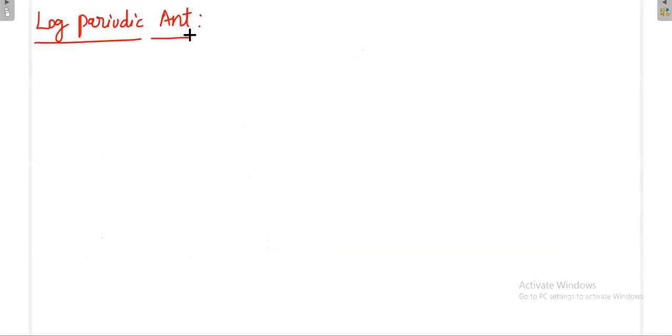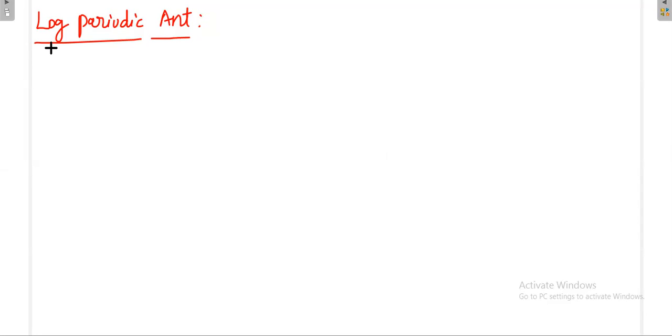Okay, log periodic. Please note down, whenever log comes, some kind of compression is there. When the range is very, very high, you need compression. So log means some big number is there, for which you are taking log. That means you are going to design an antenna that works for a very long range of frequencies.